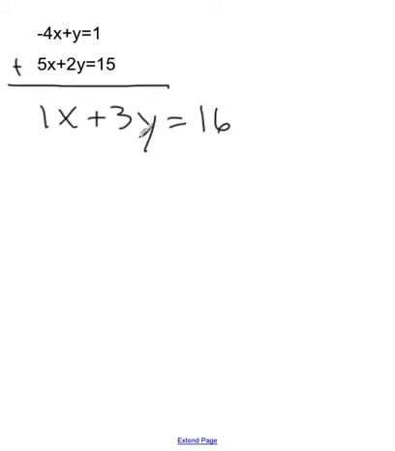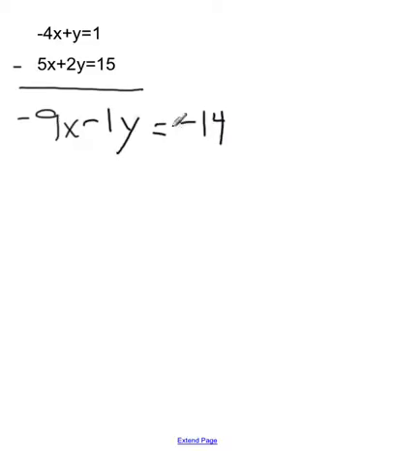Okay, one more situation, the hardest kind of elimination method. When you put them both in standard form, guess what? They don't line up. If I add them, I'm going to get something. Look, let me show you. If you add these two, you're going to get 1x plus 3y equals 16. I didn't eliminate anything, so that's not going to be okay. So let me get rid of that.